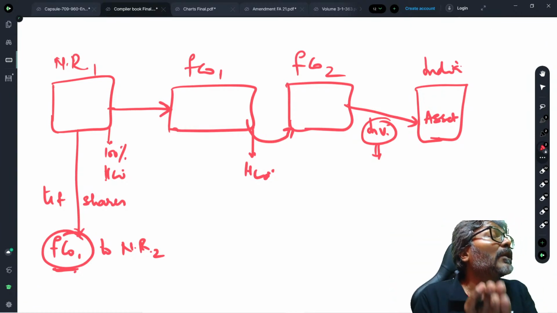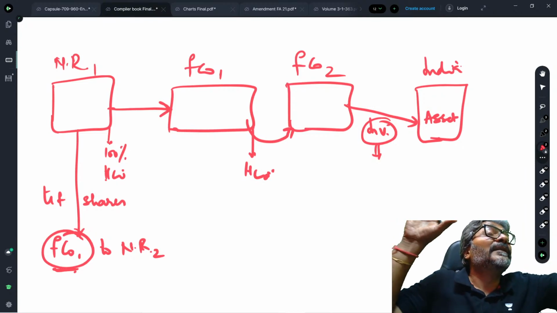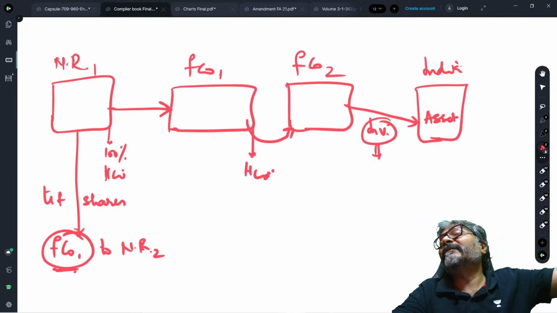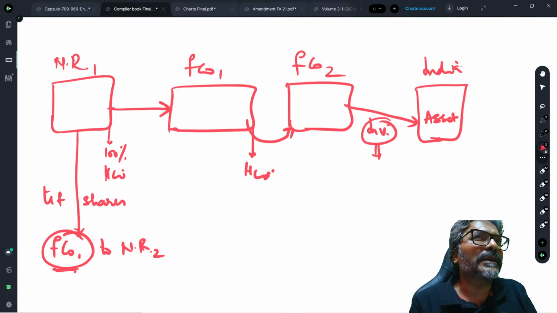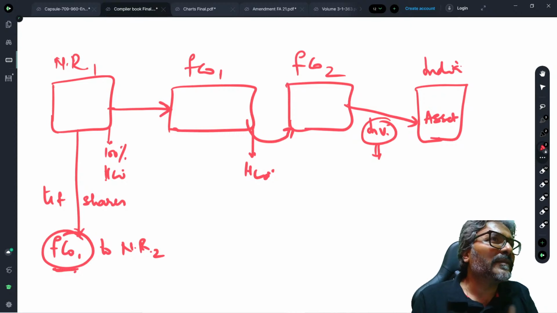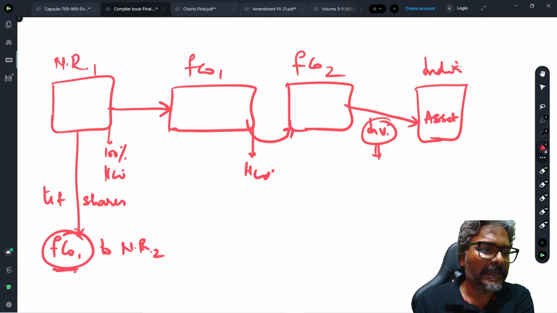Up till now, you may be aware that we were only discussing that there is a non-resident, there is a foreign company, and then there is an investment made in India. Please tell me, the substantial condition that is talked about, in this case will be determined for FCO 1 or FCO 2, students.